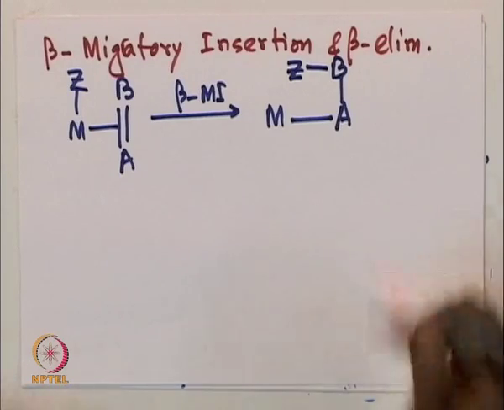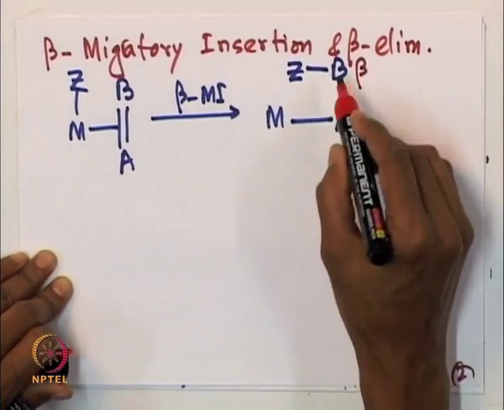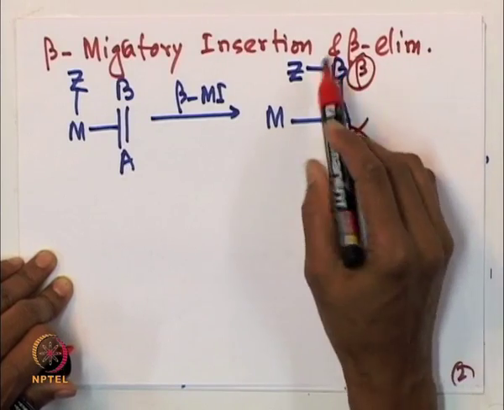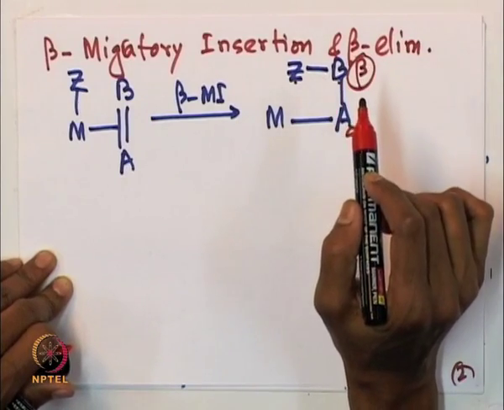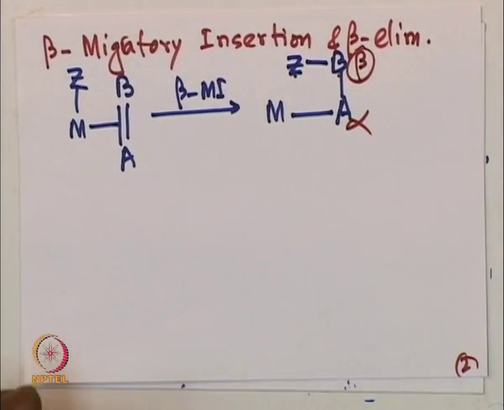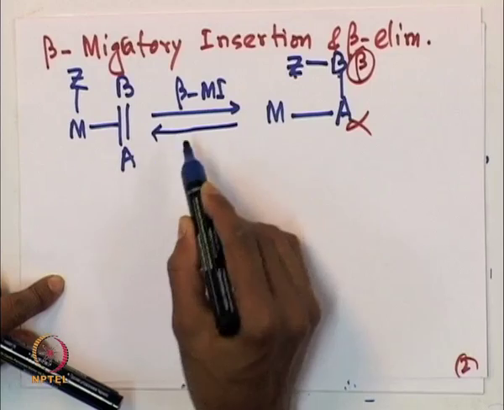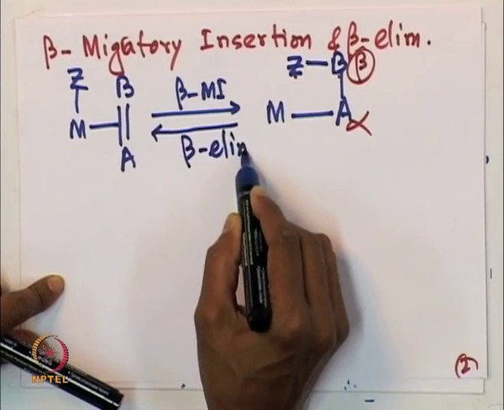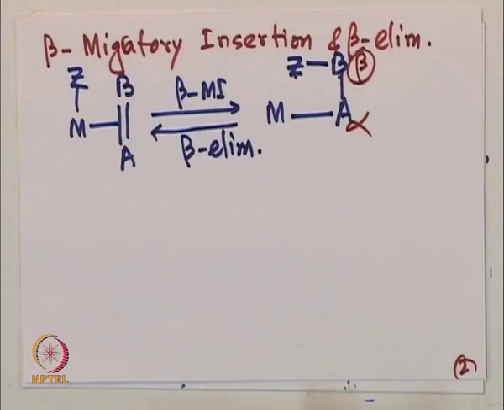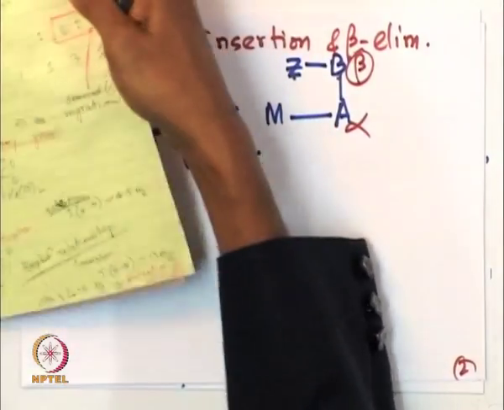Once again you can see this is the alpha position, this is the beta position, and selectively at the beta position this Z is migrating. The reverse of this process will be beta elimination. So, it is very crucial that you understand the type of thing you will be getting in these cases, where the examples may vary from alpha to beta, and you should be very careful about judging whether it is alpha migratory insertion or beta migratory insertion.